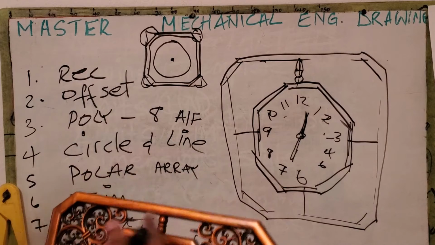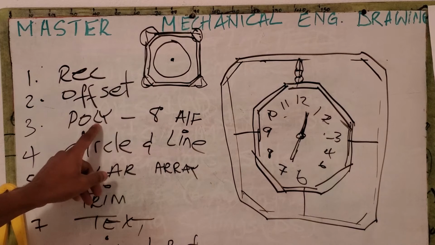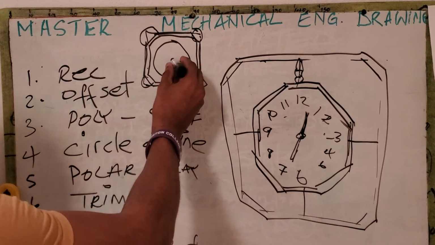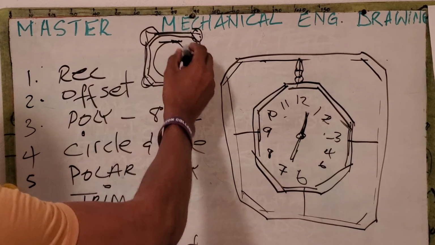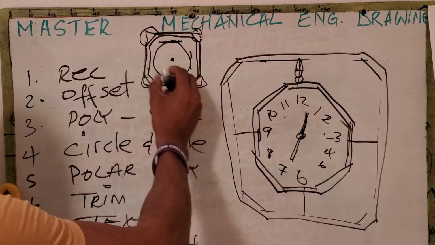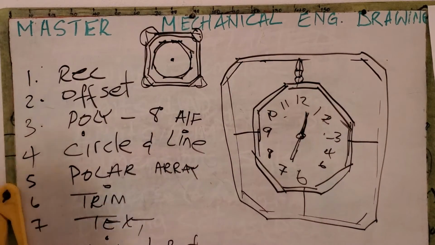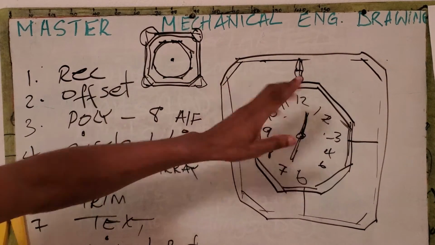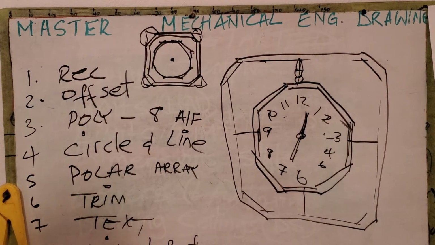Then I would type polygon, 8 sides. Then I would drag from the center to here to get this. Then I would offset this to the desired thickness that I want. In this case, I would use offset with through.